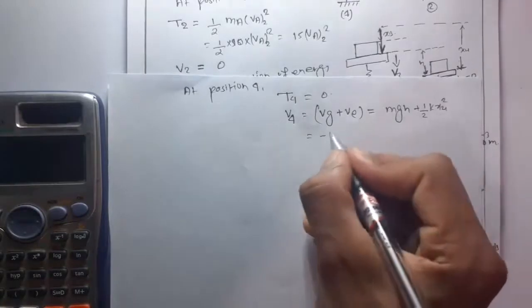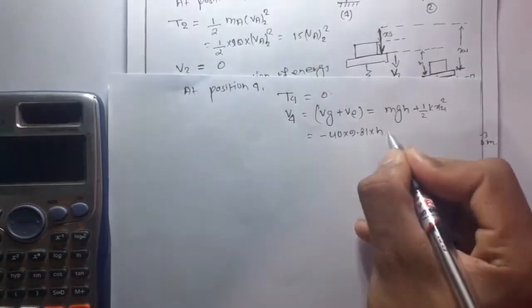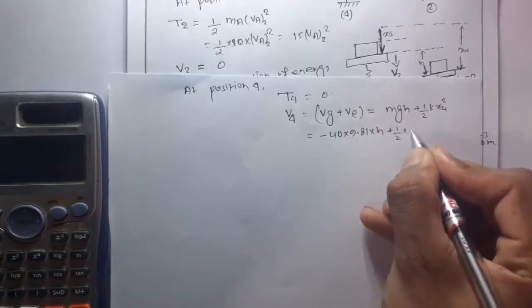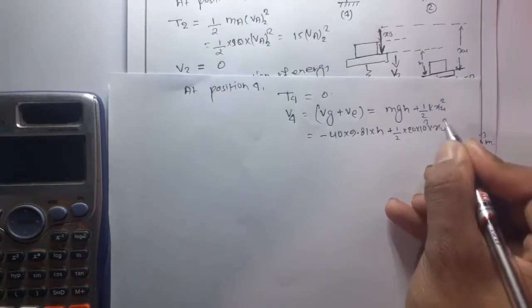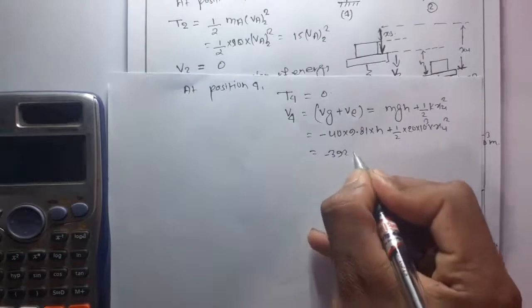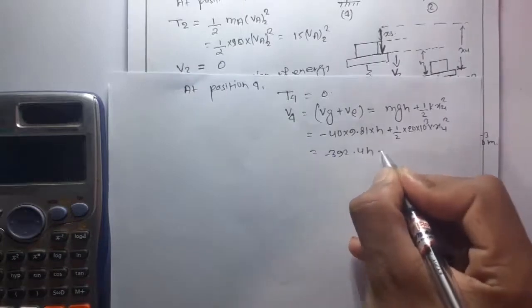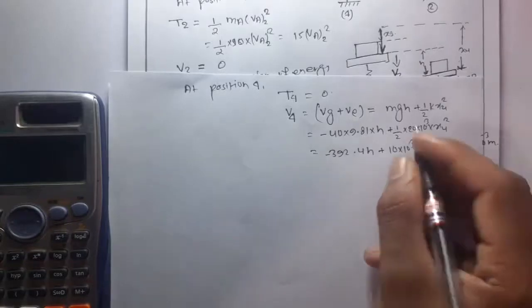So this is minus 40 into 9.81 into h plus 1 by 2 into 20 into 10 to the power 3 into x4 square. So this is minus 392.4 h plus 10 into 10 to the power 3 x4 square.